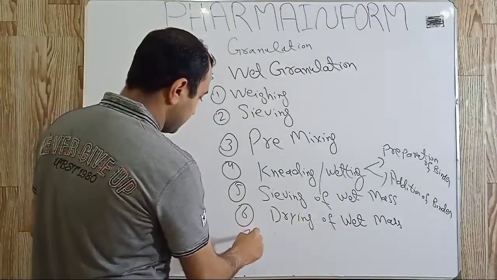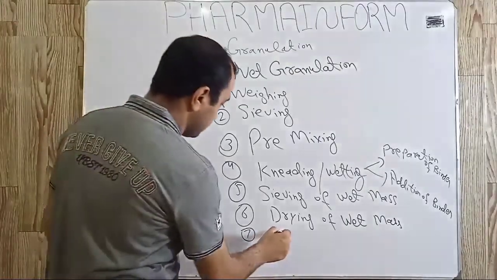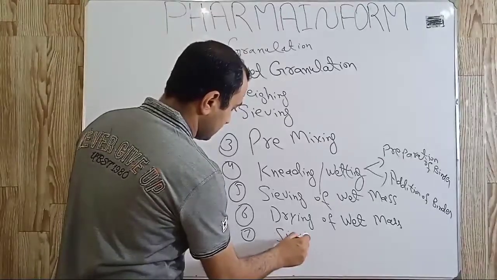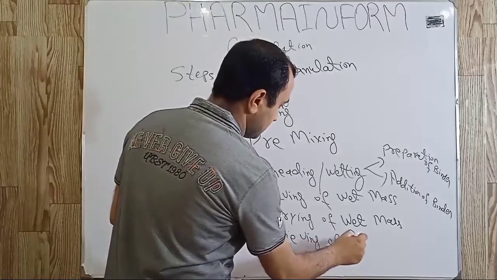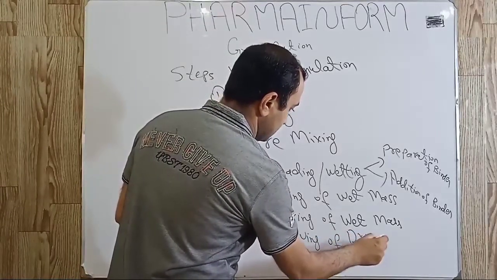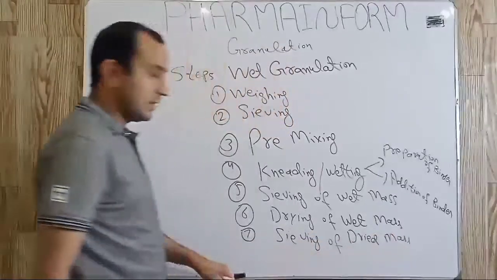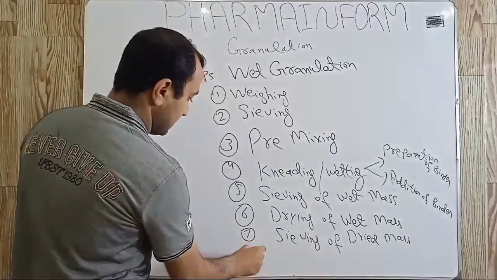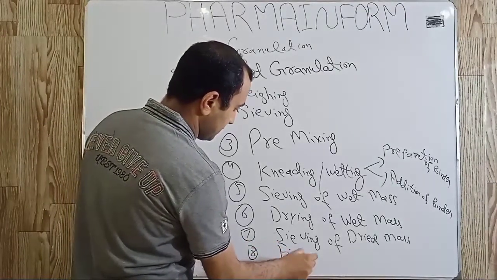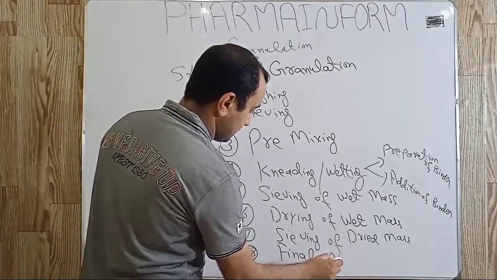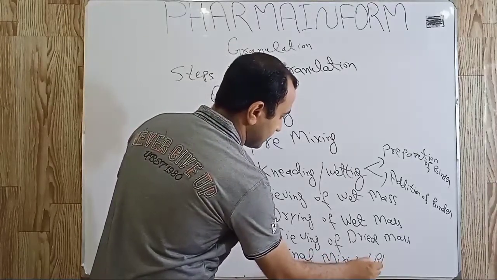Seventh step is sieving of dried mass. And the last step, which is the eighth step, is final mixing or blending.